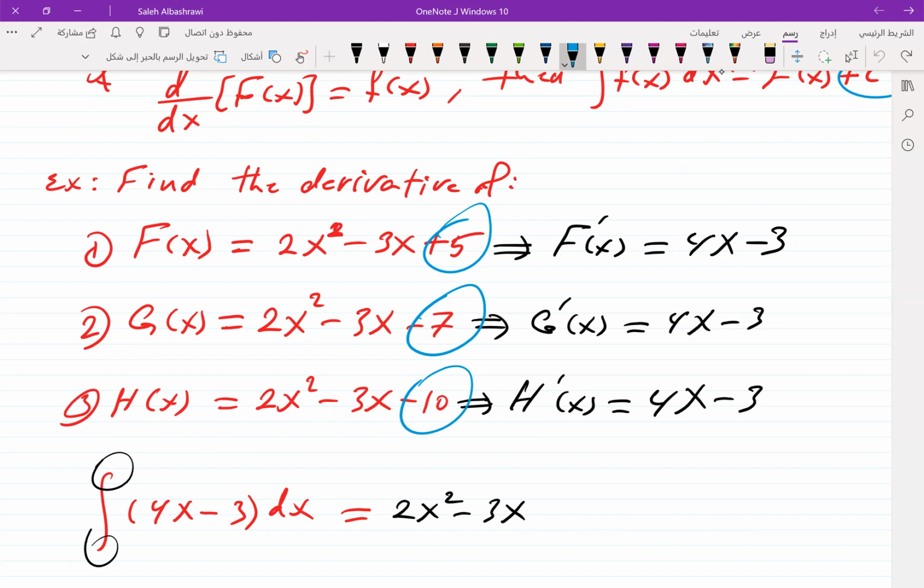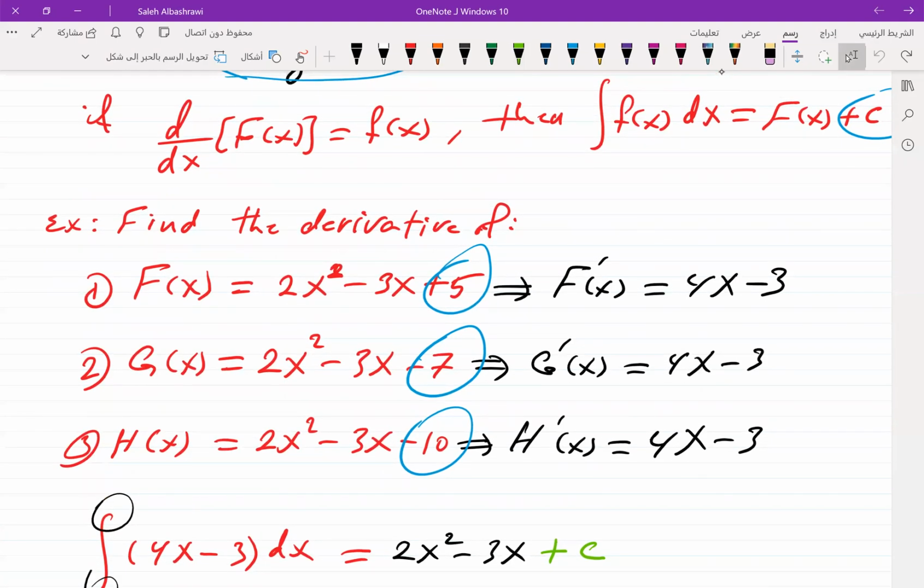So we are using a general constant, we say it is plus c. C means any constant. So with any constant, this will be fine. The antiderivative for 4x minus 3 is 2x squared minus 3x plus some constant, and that's why we are adding this in the formula. It is capital F of x plus constant. Constant C is arbitrary.